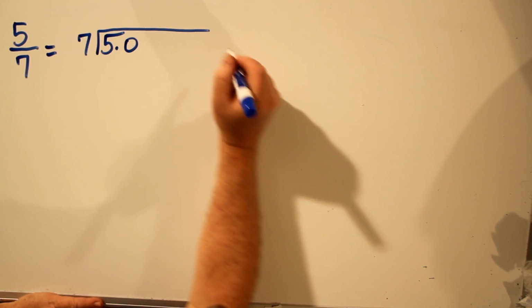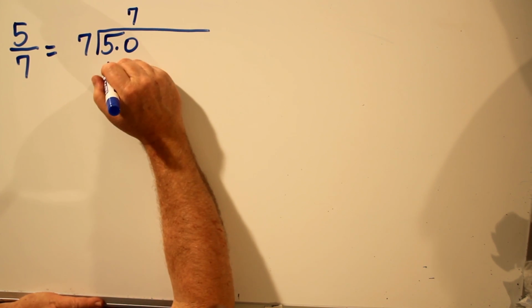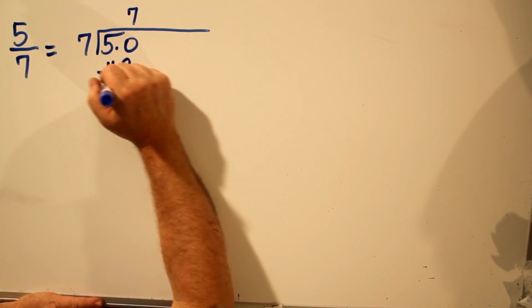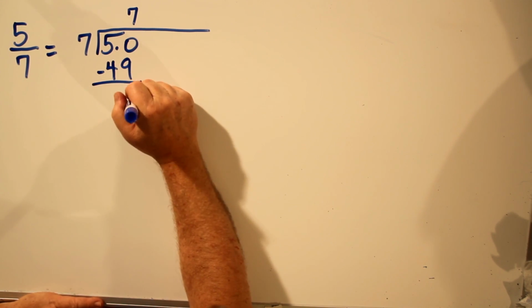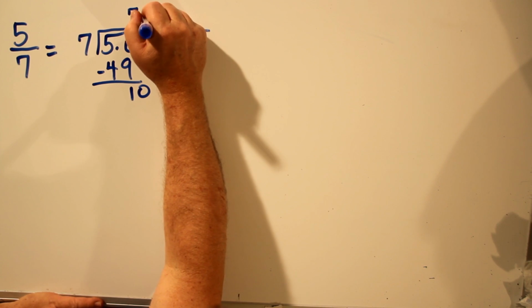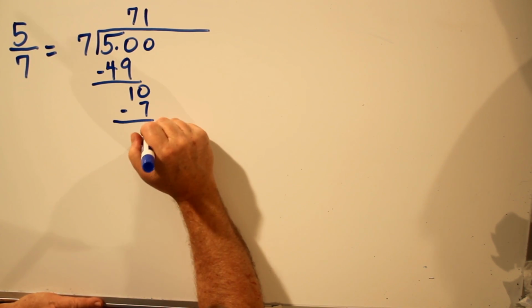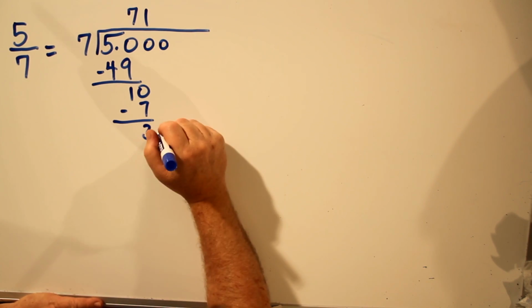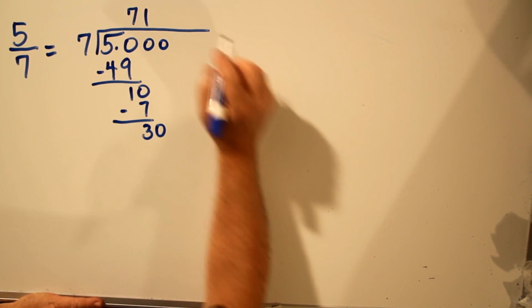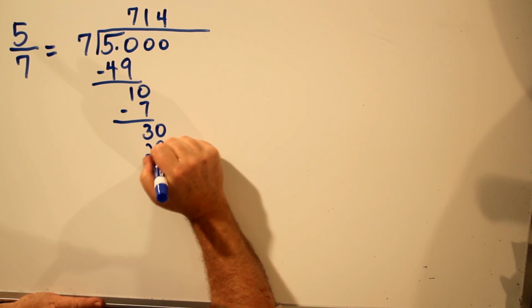7. And we'll make it 50. 7 goes into 50 7 times. Multiply is 49. Subtract, we get 1. Bring down another 0. 7 into 10 goes 1 time. 1 times 7 is 7. Subtract, we get 3. 7 into 30, 4 times. 4 times 7 is 28.